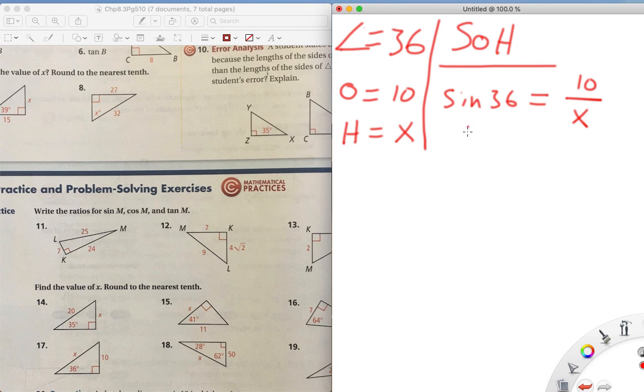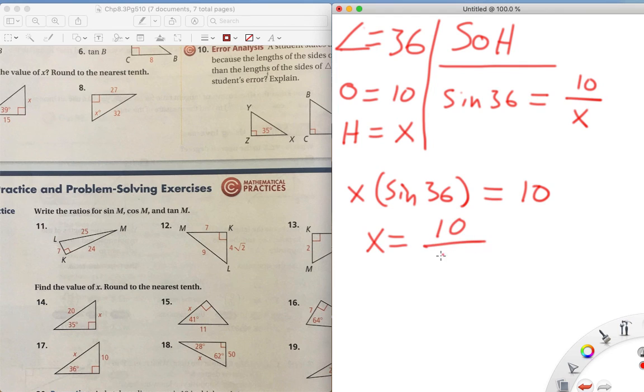The way to solve this is I'm going to first multiply both sides by x to get rid of that x in the denominator. So I have x times sine of 36 is equal to 10. Then I'm going to divide both sides by sine of 36 so I can isolate the x. Grab your handy dandy calculators.